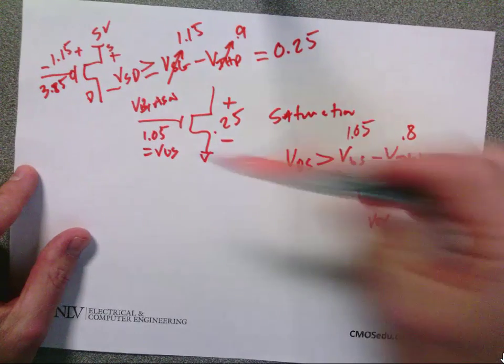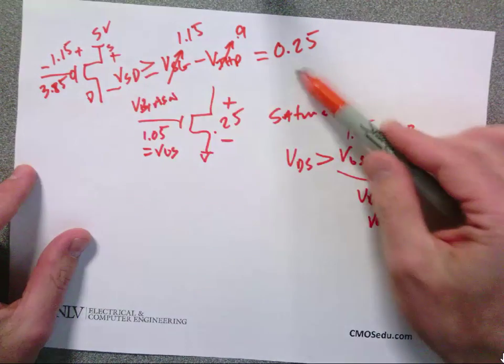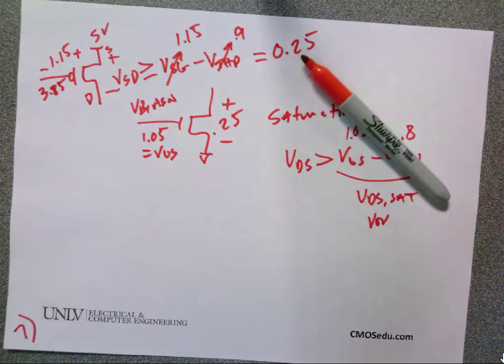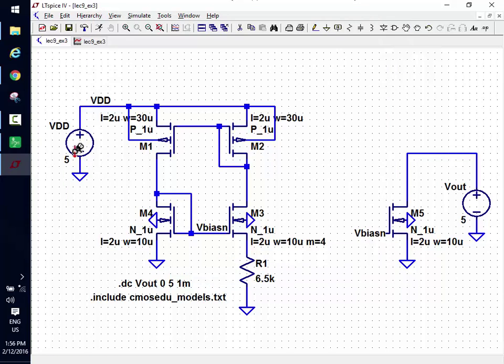So the minimum voltage between here and here has to be 0.25. But what's this voltage here? VGS. It's 1.05. So when I add 0.25 plus 1.05, that means that it's going to turn on at 1.3 volts.